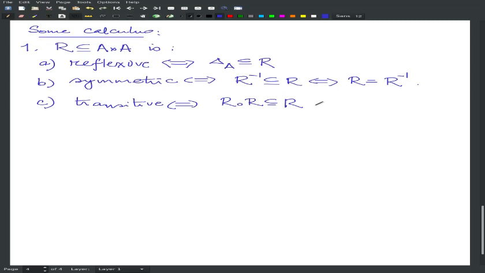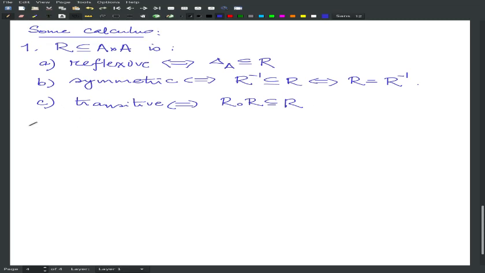Now, the next thing is, this calculus helps us to find the smallest relation. I am given an arbitrary relation, but I can find the smallest relation which is, say, reflexive, but contains it.